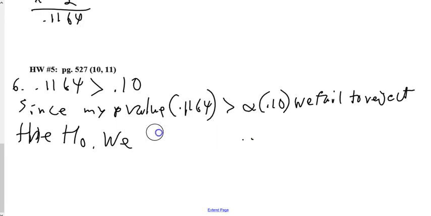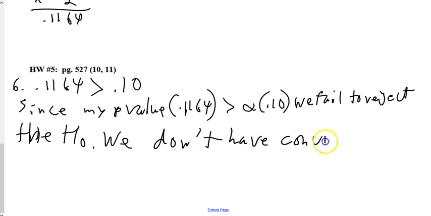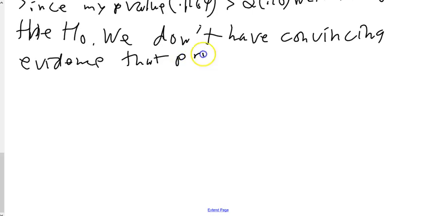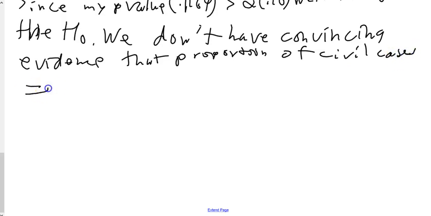We don't have convincing evidence that the proportion of similar cases is not equal to 70%.